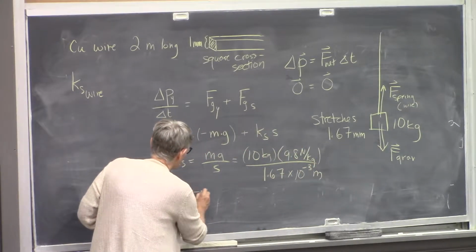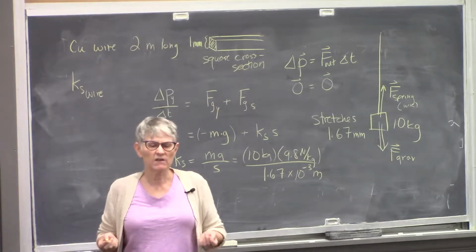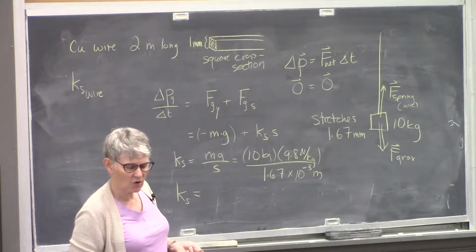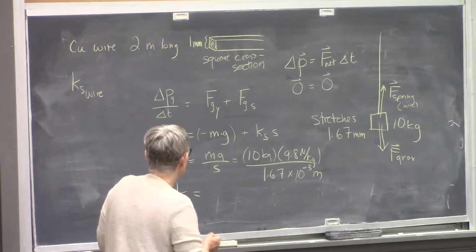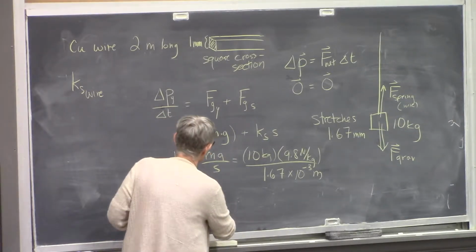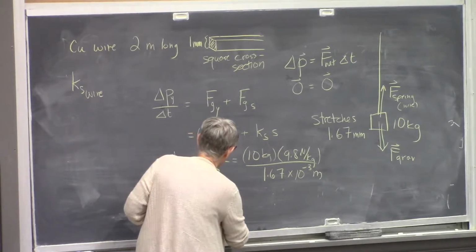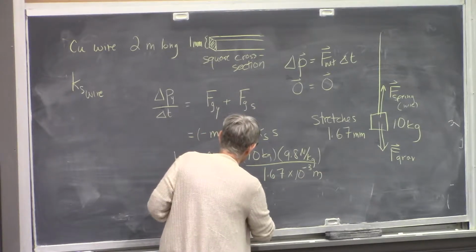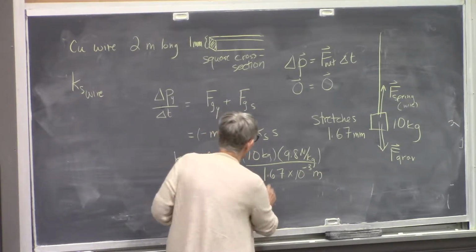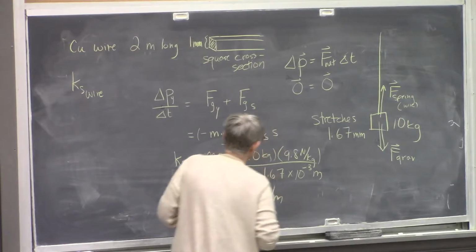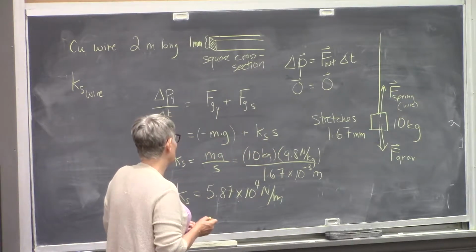And so, if we work that out, we get the spring stiffness of the wire as a whole is going to be pretty high. It's 5.87 times 10 to the 4th newtons per meter.